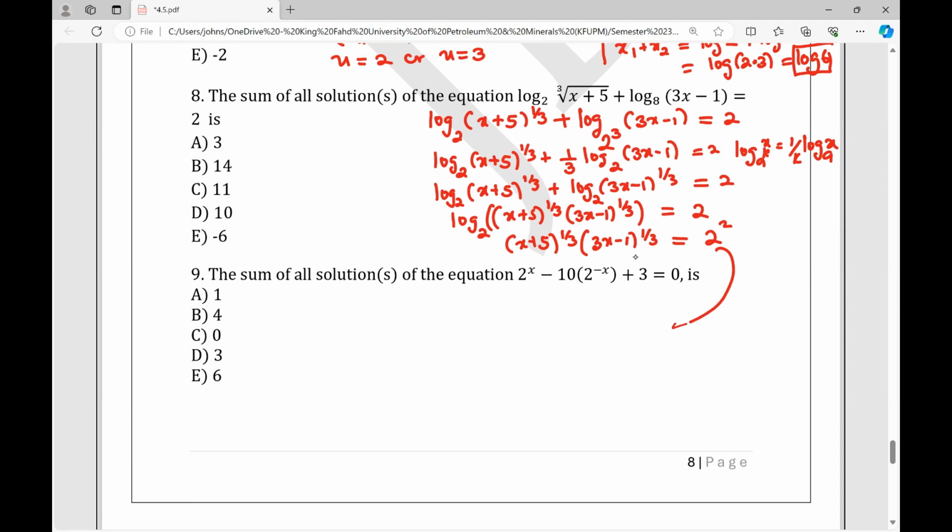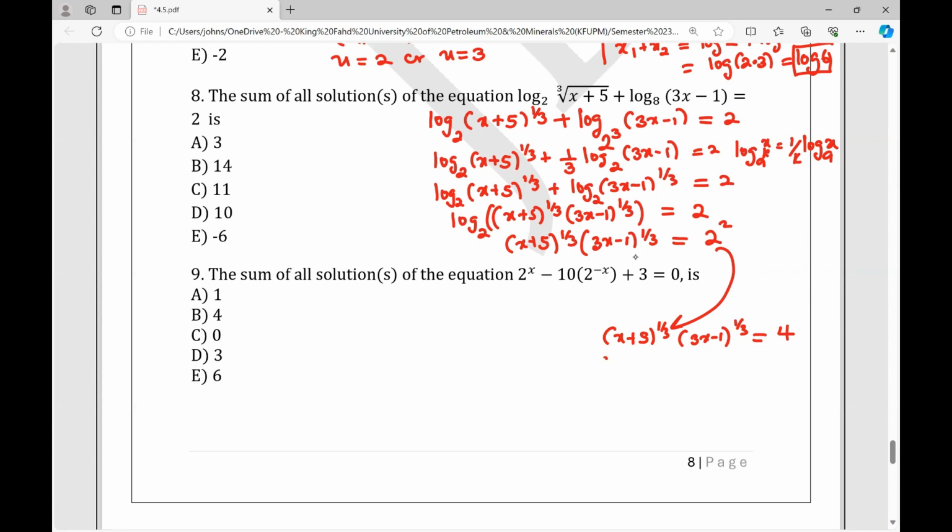So let me come down here and complete it. This means that you have x plus 5 to power 1 over 3, 3x minus 1 to power 1 over 3, it's equal to 4. Now, to remove the cube root, we can cube both sides, we can cube everything.